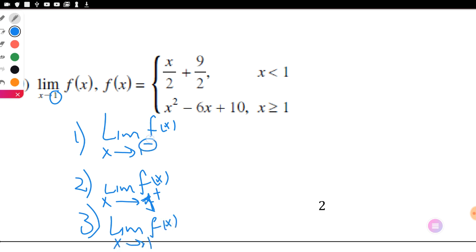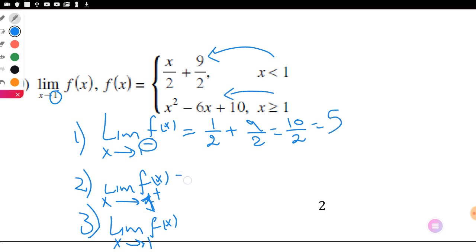Here from left, less than, replace here, it will be half plus, replace each x by 1, 9 over 2 plus 1 over 2, it will be 10 over 2, it will be 5. By 1 here, it will be what? 1 squared minus 6 multiplied by 1 plus 10 multiplied by 1. Okay, clear or not clear?